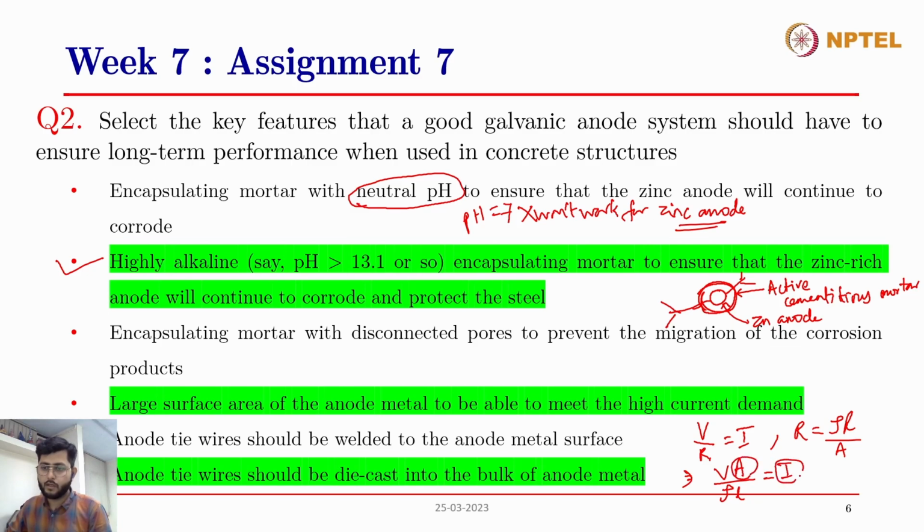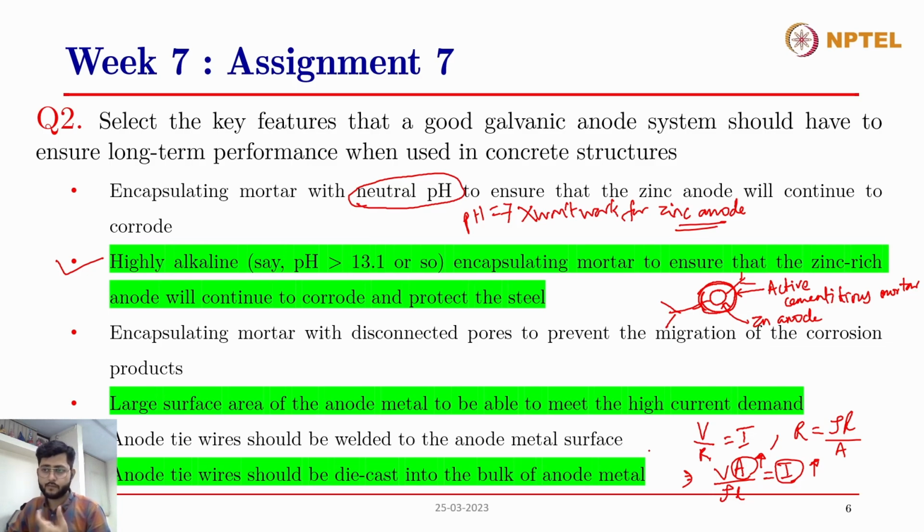So if it has a large area, then the current will be larger, and therefore we'll be able to extract more current whenever there is a high current demand. This will result in reducing the number of galvanic anode systems that are placed in the concrete structures.